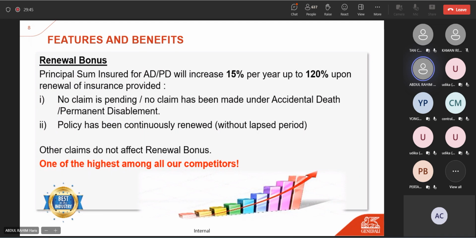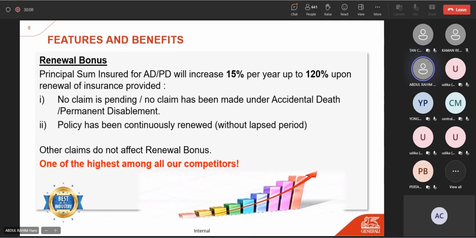Next, I'm showing the renewal bonuses. I think it is one of the key features of the product, that the principal sum insured, that means for accidental death and permanent disablement, will increase by 15% every year, up to 120% if the policy is renewed.